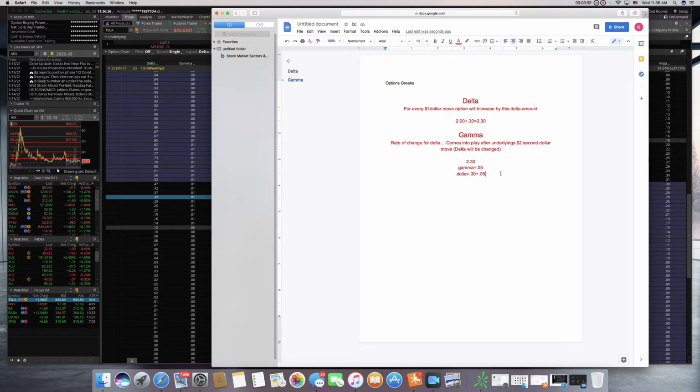Now, this gamma is going to be added in after that second dollar move. After that first dollar move, the delta is automatically going to change, and when that second dollar move happens, the delta will then be 0.35. That'll be the new delta.